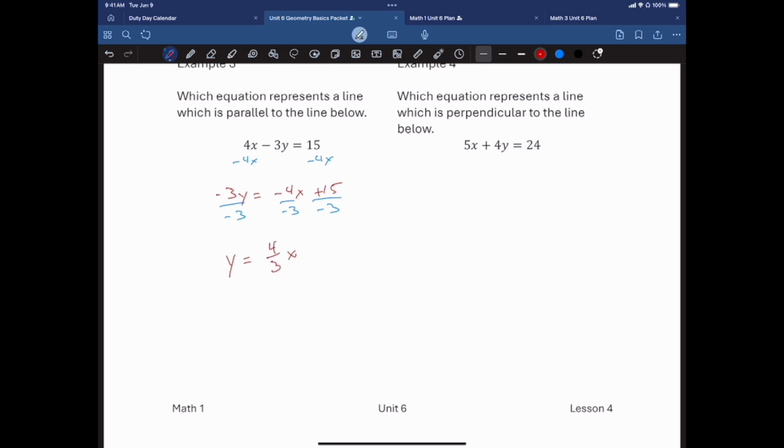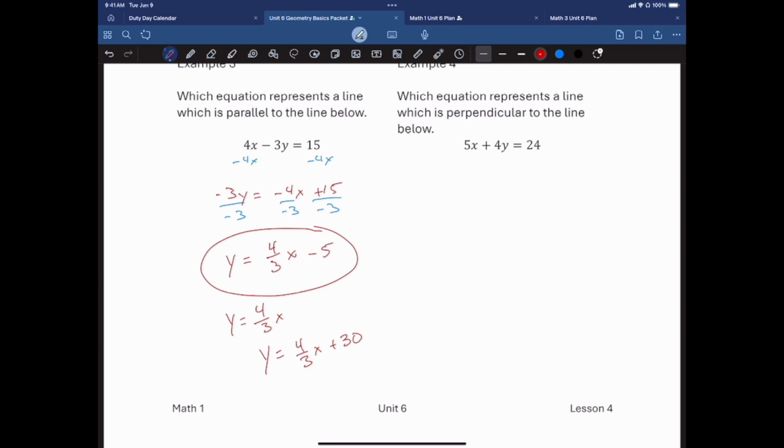We cannot simplify this. And then 15 divided by -3 is going to be a -5, right? That is one example of a parallel line. We could have also said y equals 4/3 x. We could have said y equals 4/3 x plus 30. It doesn't really matter as long as I have that 4/3.